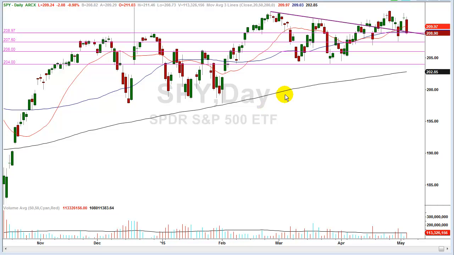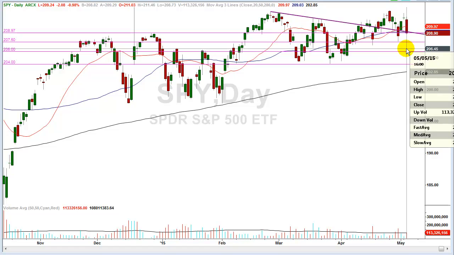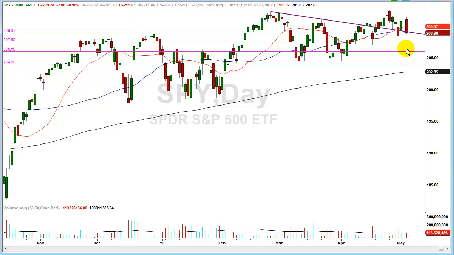I said we were going to have an imminent large move, and the odds would favor that the move is on the downside. It's not definitive yet, because we really need to close below today's low tomorrow. Today's low is 208.73. We've got to close below that tomorrow to really solidify the case for more downside pressure.